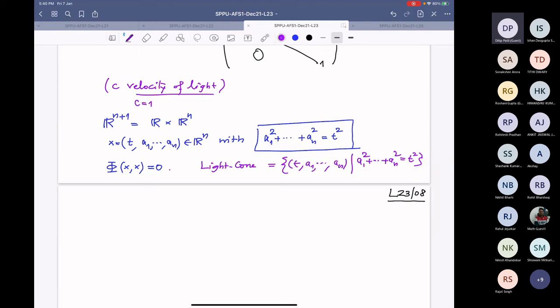So if you try to draw the picture for n equal to 2, see here, it will look like this. I will try to draw the picture.